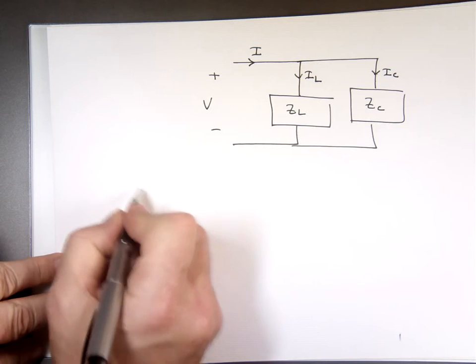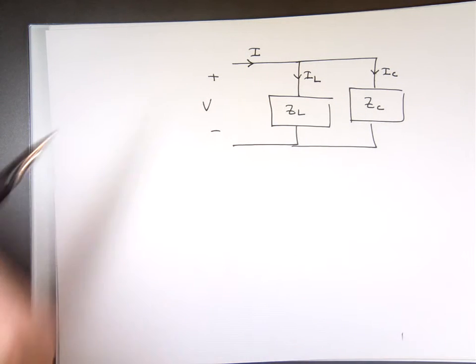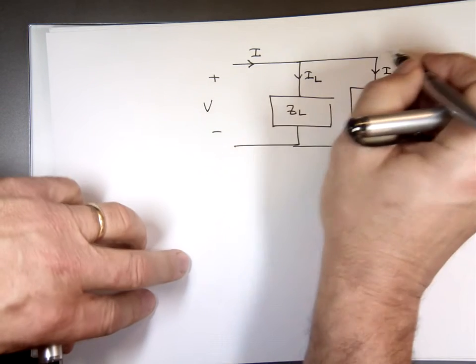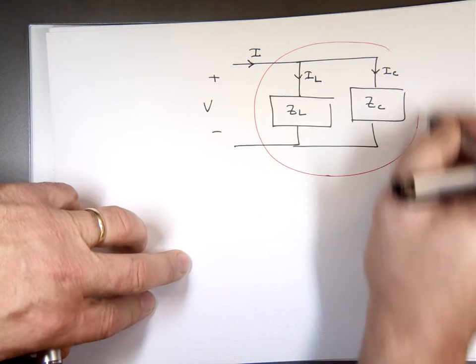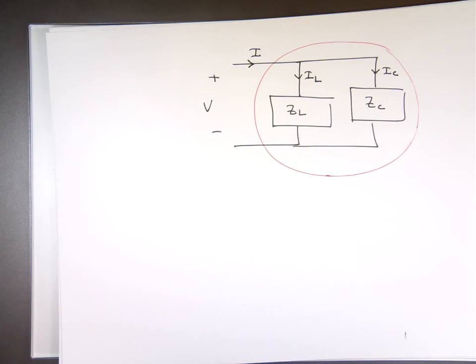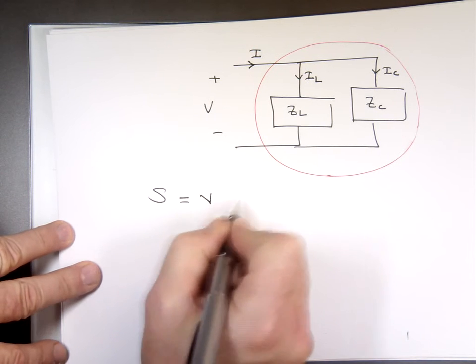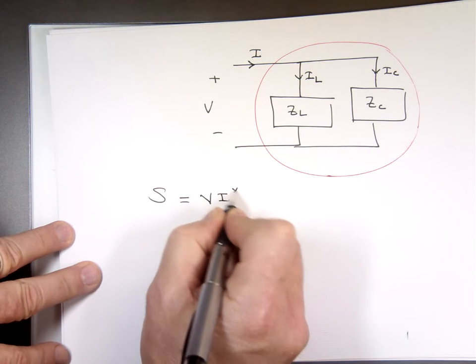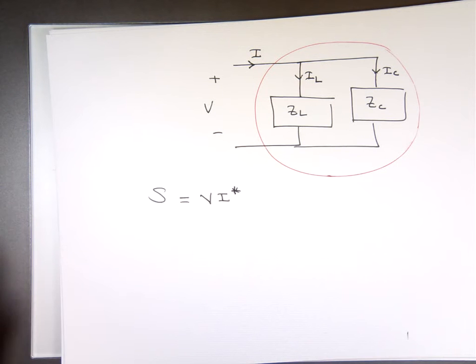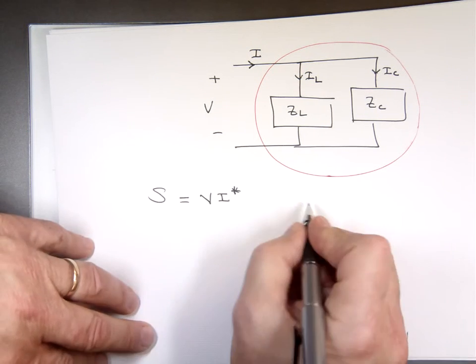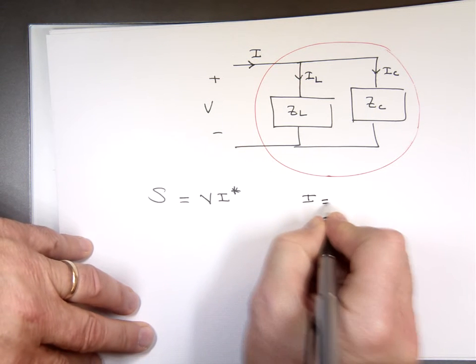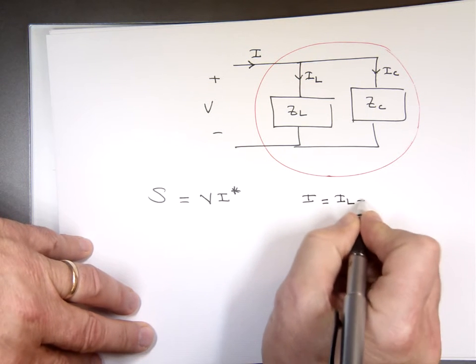So now, the complex power for the entire system here, complex power is what? S equals V times I conjugate. But if you look at I, what is I equal to? Isn't that I sub L plus I sub C?